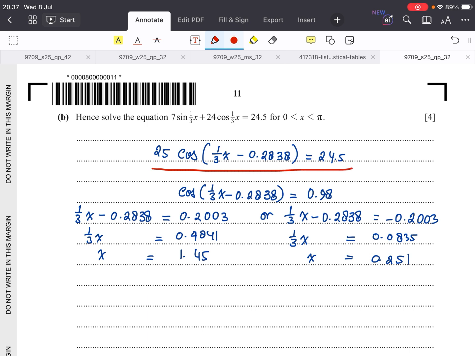So the equation will be 25, this one is our answer to the previous part of this question, so 25 cos of 1/3 x minus 0.2838 is equal to 24.5. Move the 25 to the right, it will be 0.98. And then we use the calculator.